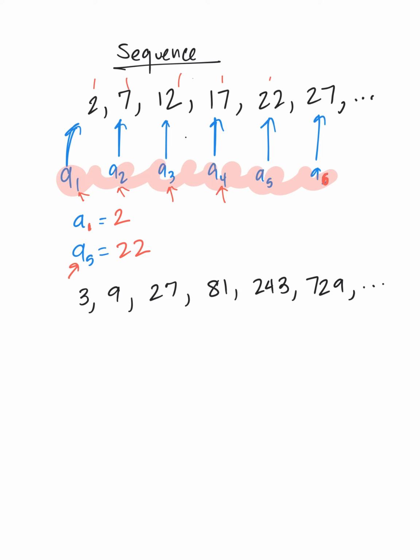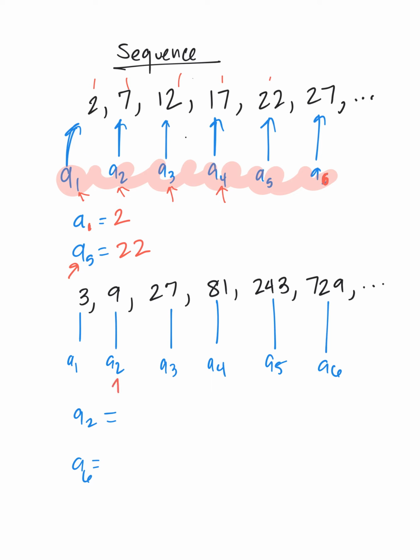Now in this case, let's go ahead and label these down here and then figure out certain positions that I've listed. We know the first term in my sequence, the very first number, is going to be called a sub 1, right? And then the second term is going to be called a sub 2. Then we have a sub 3, a sub 4, a sub 5, and a sub 6.